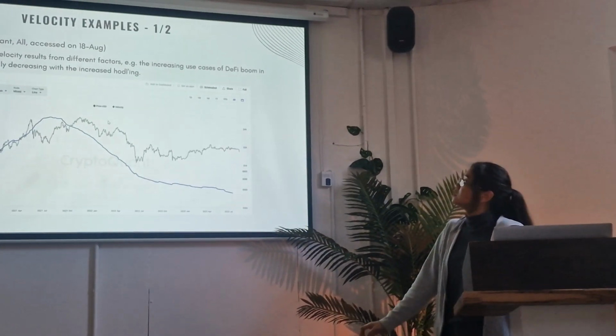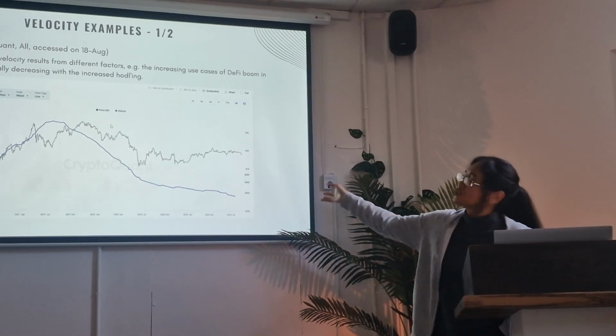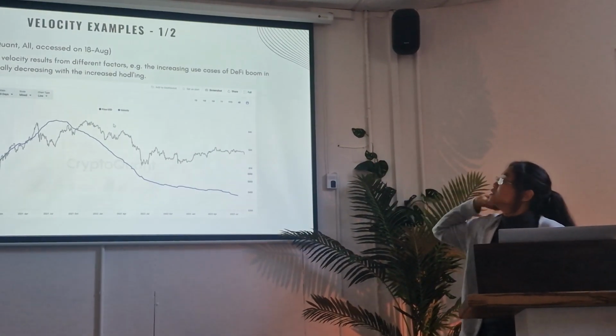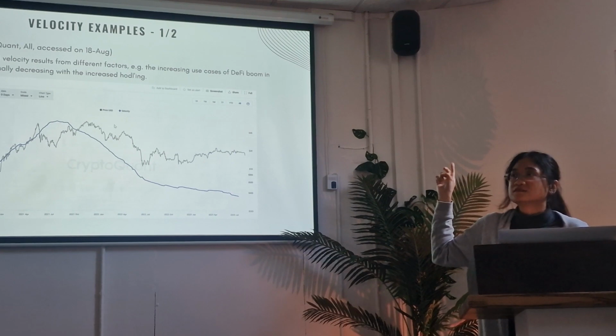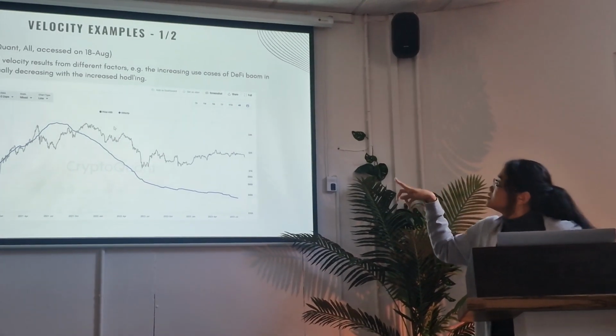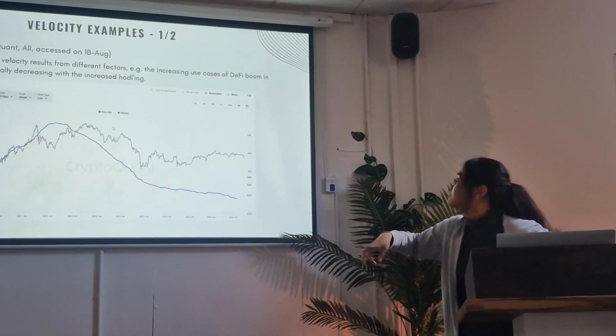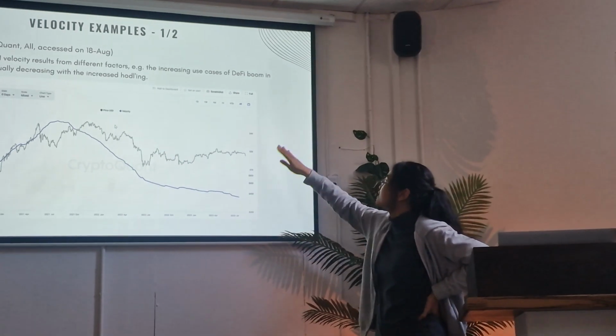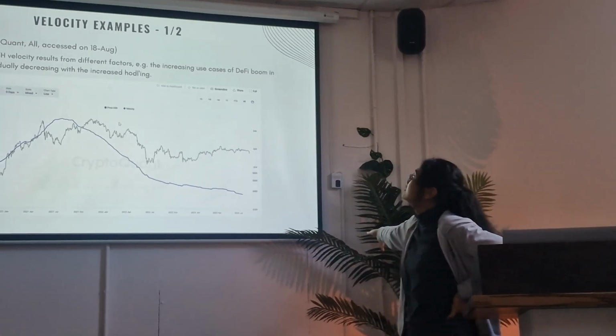So I took it from CryptoQuant, accessed last week. This is for Ethereum velocity. You can see that the trend was picking up and then gradually decreasing.